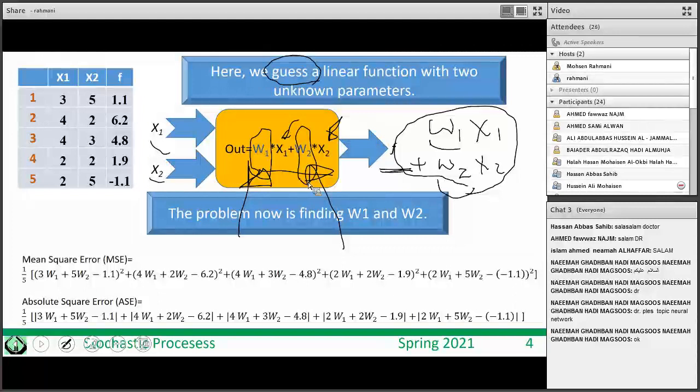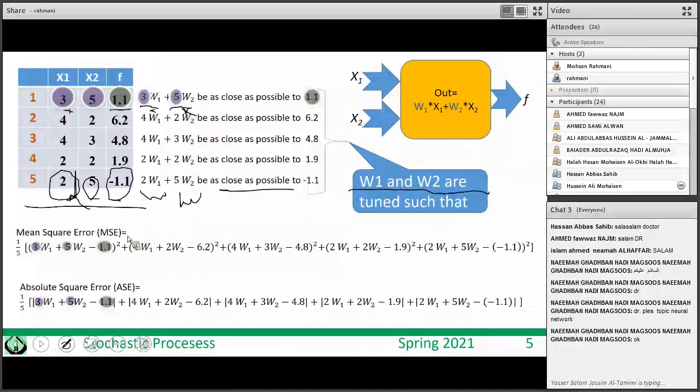Now we define the error formula. What is the meaning of this error here? If you have a look, I said that I want to find w1 and w2 such that 3 times w1 plus 5 times w2 be close to 1.1.